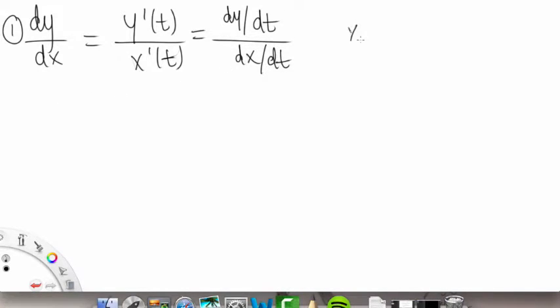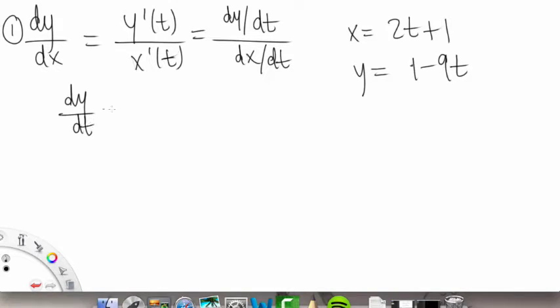Our x parameter was 2t plus 1, and our y was 1 minus 9t. So let's do dy dt first. Taking d dt of 1 minus 9t, that's just going to be negative 9. And then we have dx dt.